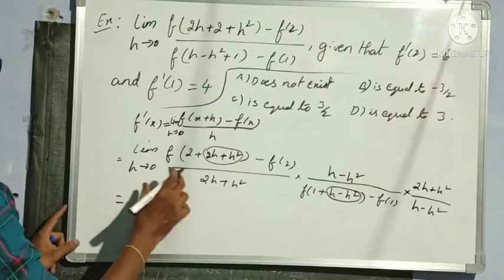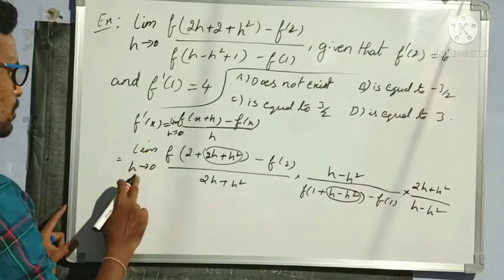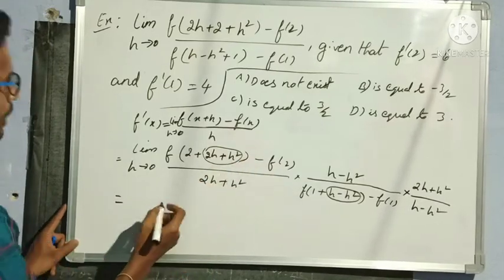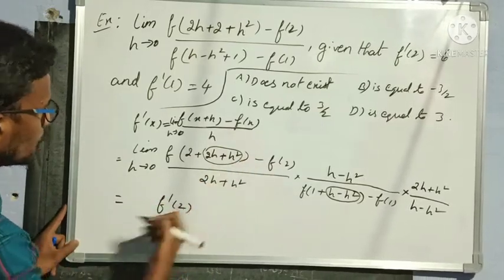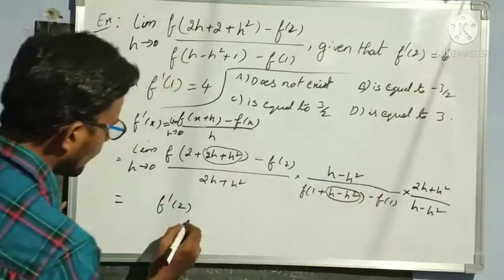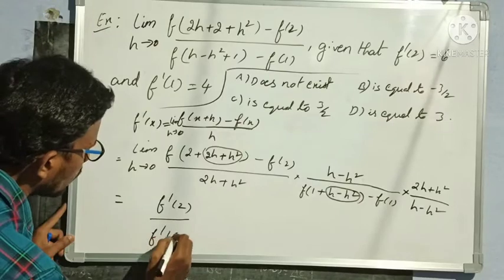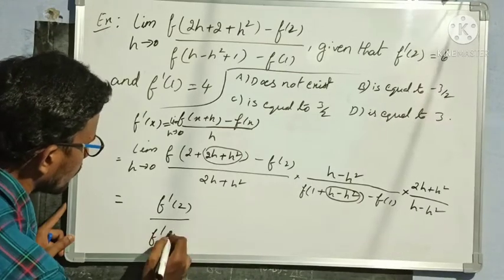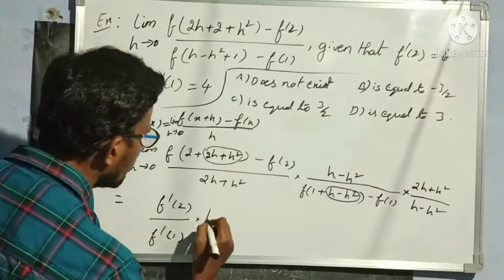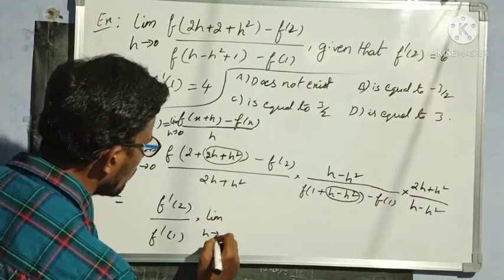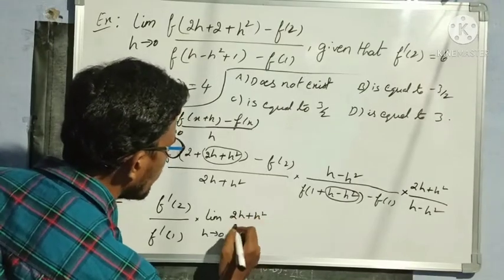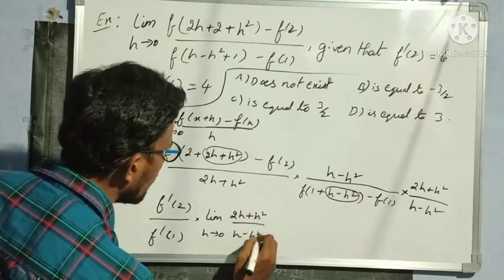So if we observe here, limit h tends to 0 of f of 2 plus h minus f of 2 by h, the value is f dash 2. Here this is reverse, so I can write f dash 1 into, now I will write limit h tends to 0 of 2h plus h square by h minus h square.